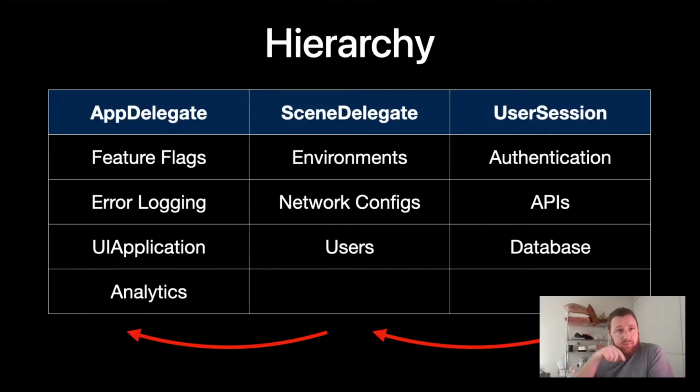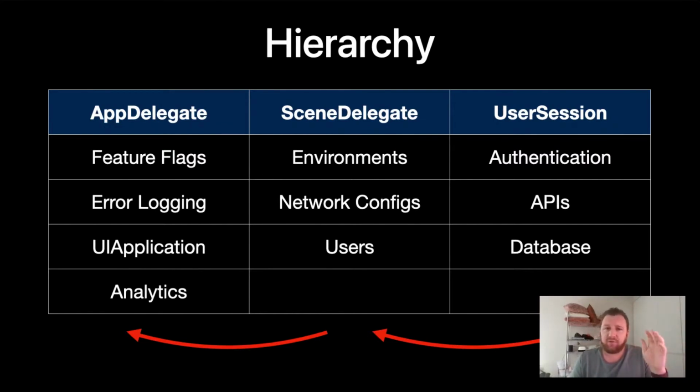And then how that works is we would have, say, a dependency registry at the app delegate level, which might talk to things that are global across the whole app. So like feature flags. And I have a good feature flag library that you might want to look into as well that I've done a talk on here before about. Small plug. But we also have things like error logging.